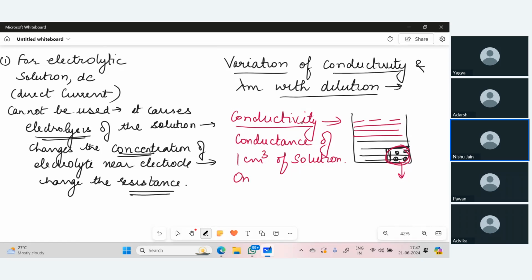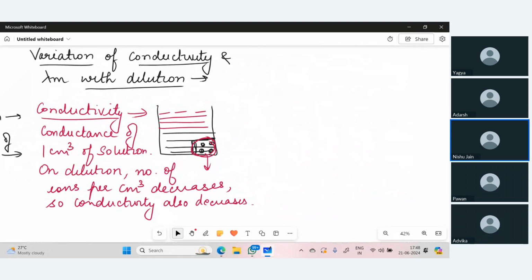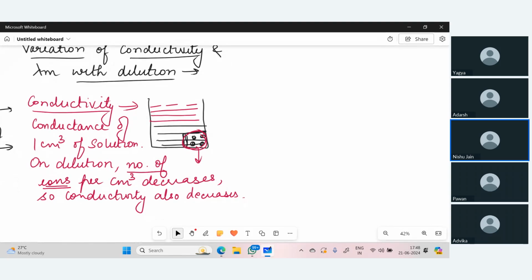And you write, on dilution, number of ions per centimeter cube decreases. So conductivity also decreases.